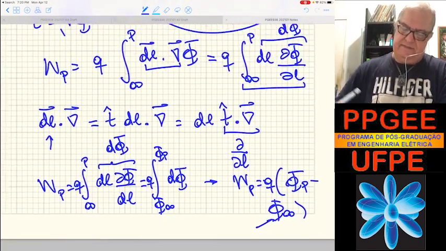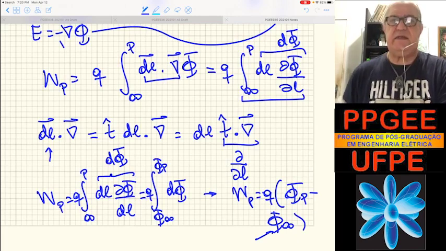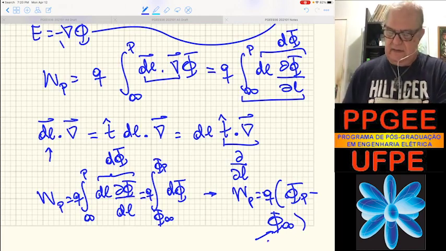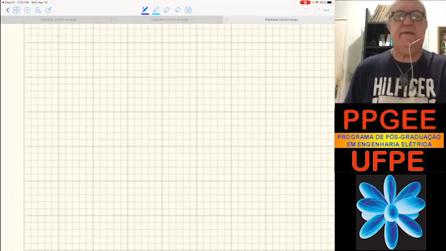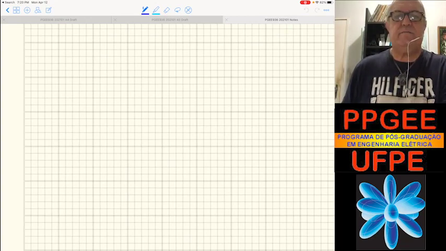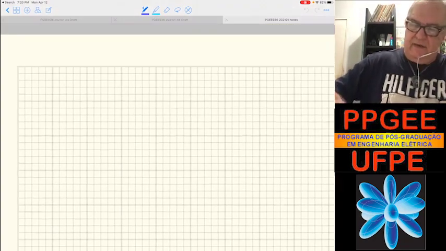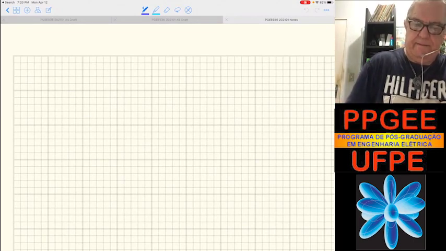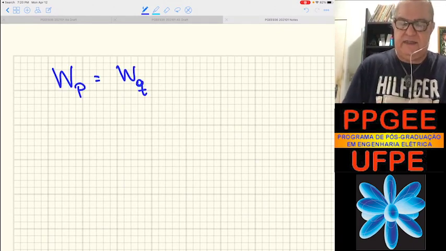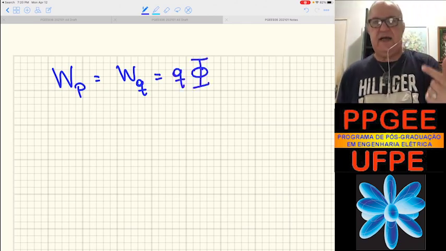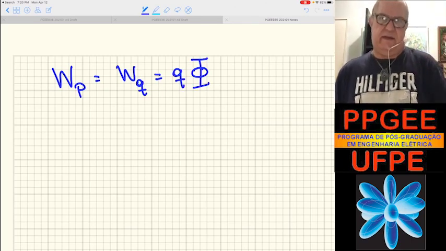If I use the convention that the potential at infinity is 0, though it might not be 0, it might be a constant, we have the final result: the energy at point P is the energy of the charge Q, which is the value of the charge, times the potential that the charge feels at point P, right?